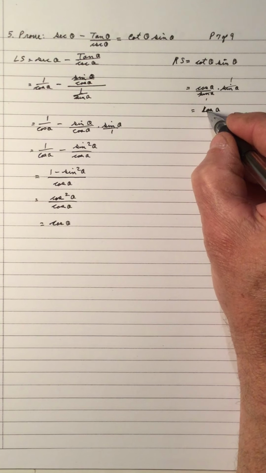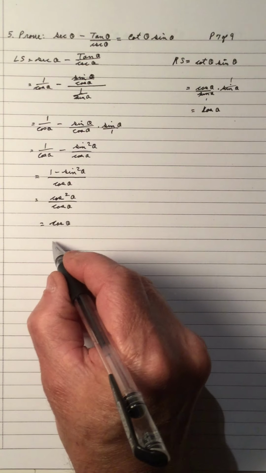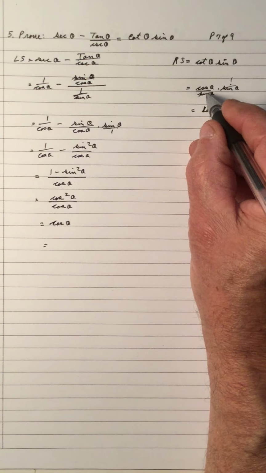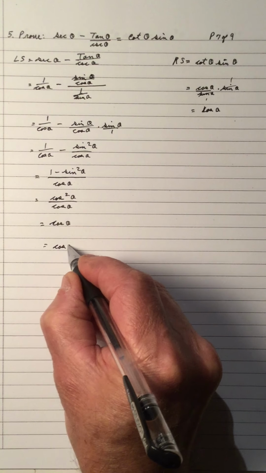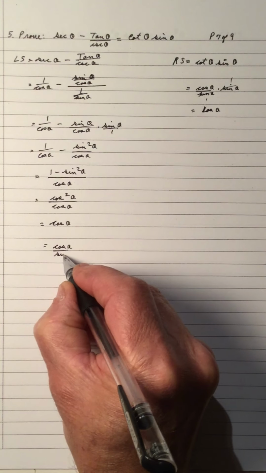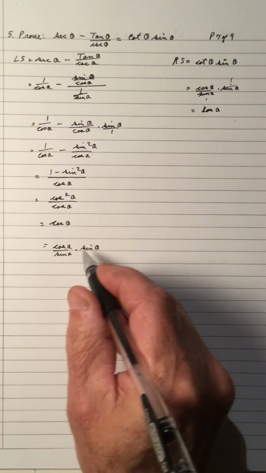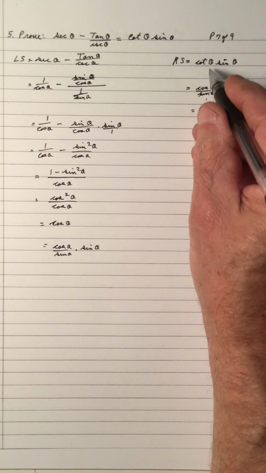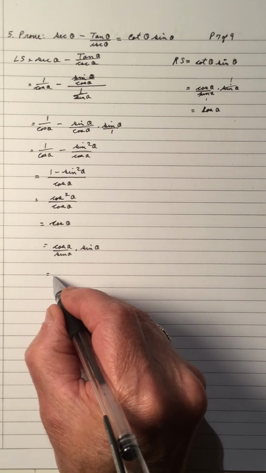So this becomes cos theta. What you do is you reverse it. You take this step right here and write it here. Then you take this step right here and put it down here. Cos over sine is cot.